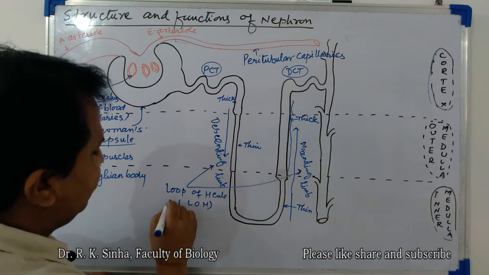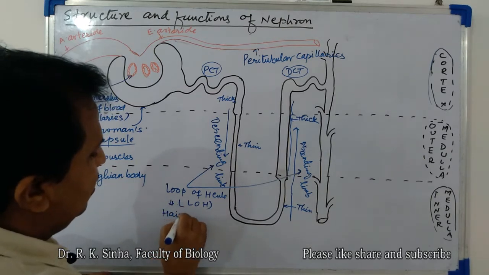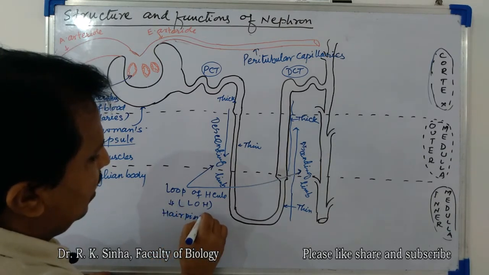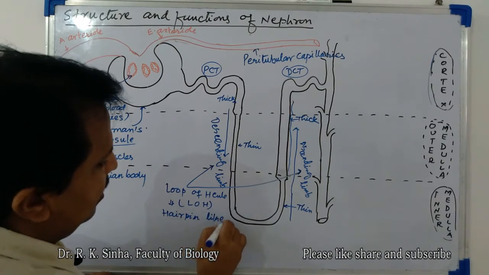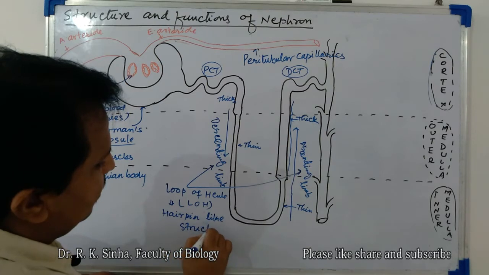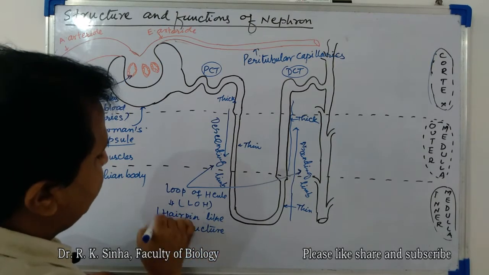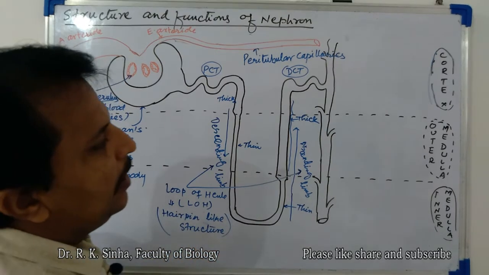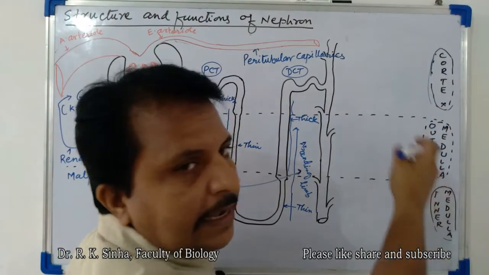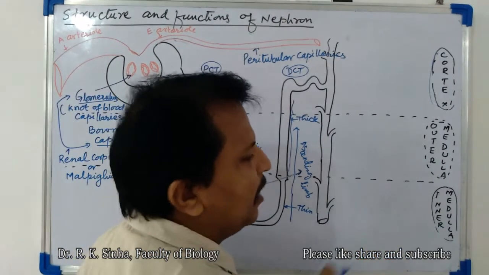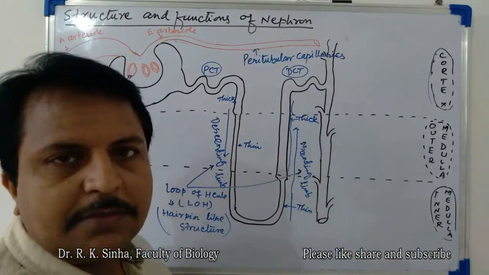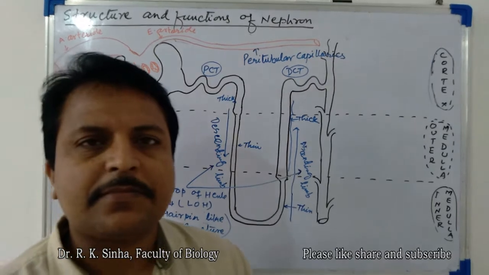This is a hairpin-like structure, and this hairpin-like structure lies in the medullary region of the kidney.